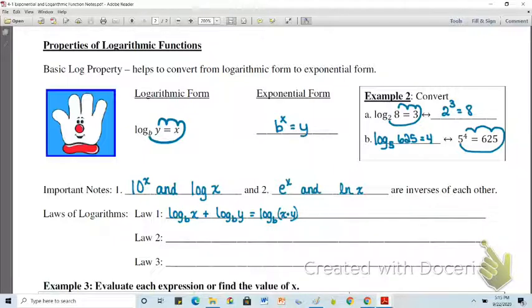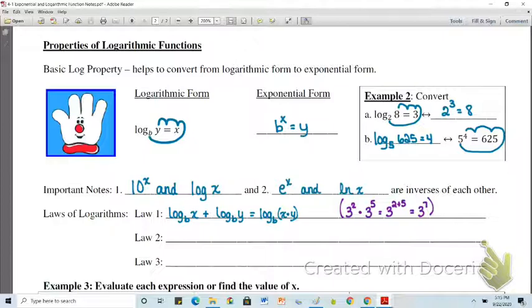Do you remember when I had 3 squared times 3 to the 5th? Well, I figured that out. I added the exponents, and I got 3 to the 7th. That's the same concept we're doing with logs. Since they're inverses of each other, they have the same sort of properties.